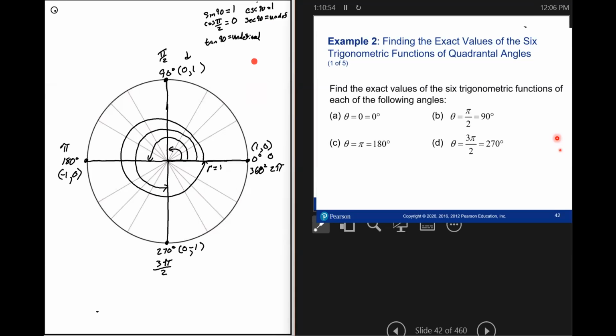And for cotangent, I'll write it here. The cotangent of 90, or pi over 2, well, that's the X value over the Y value, 0 over 1. What's 0 over 1? This is different than dividing by 0. You're dividing into 0. What is it? It's 0.